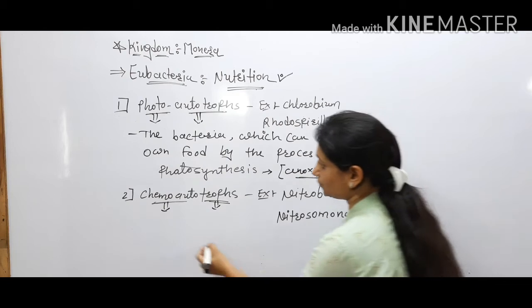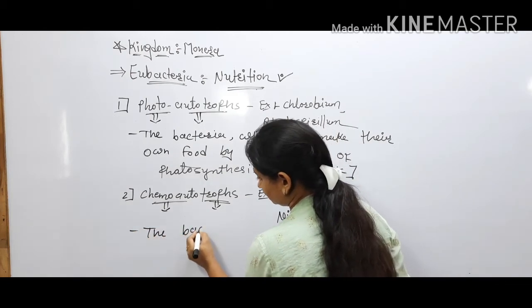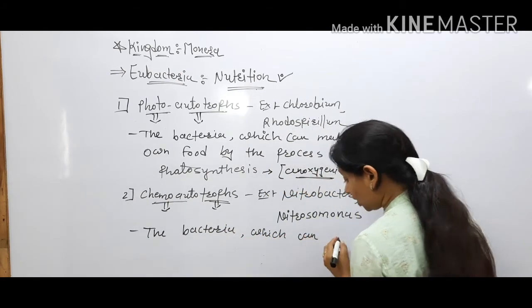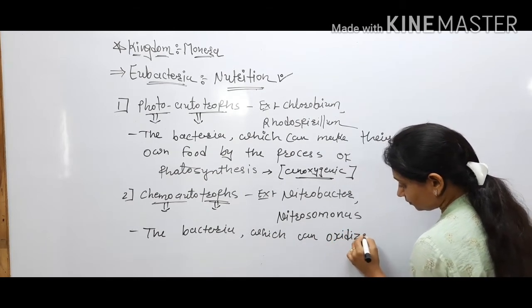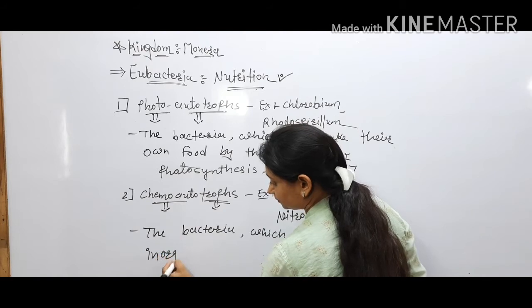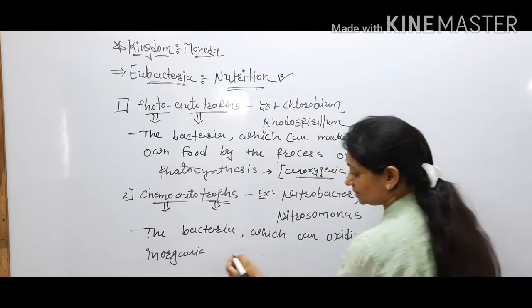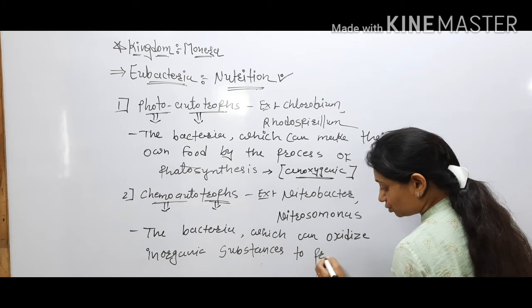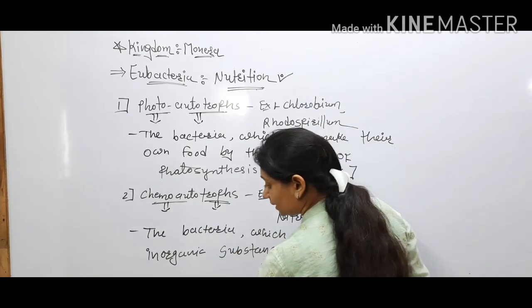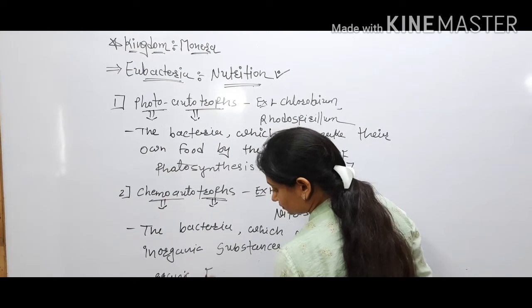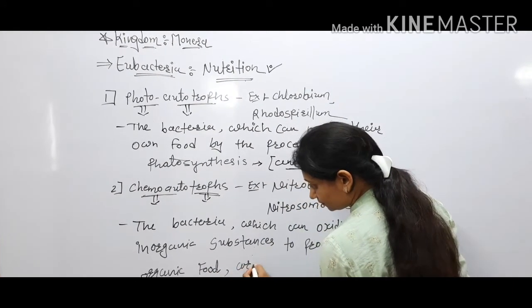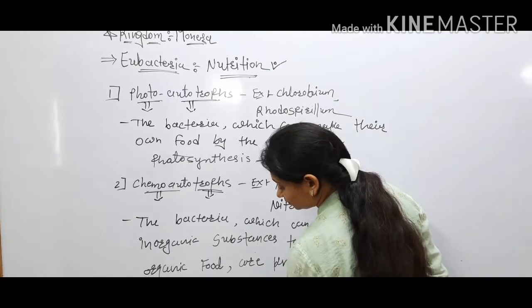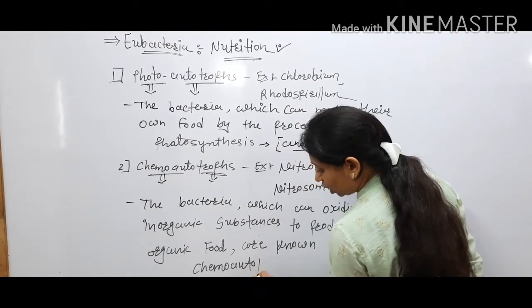So over here we can write: the bacteria which can oxidize inorganic substances to produce organic food are known as chemoautotrophs.